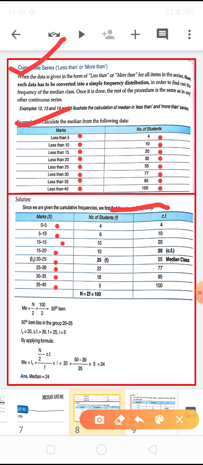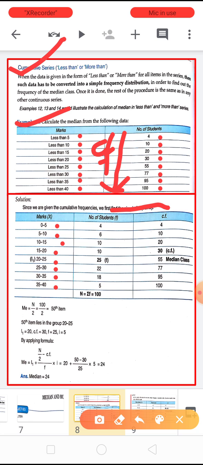Now these frequencies are basically the values of cumulative frequencies, and these cumulative frequencies have to be converted into simple frequencies. For 0 to 5, less than 5, the number of students is 4, so we write the frequency 4. Less than 10 is 10.